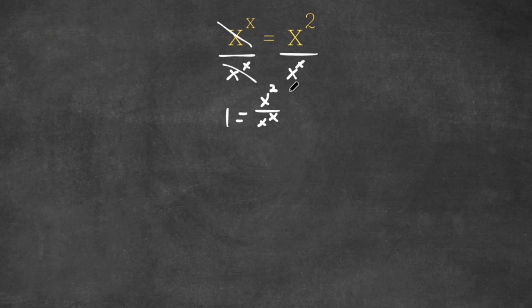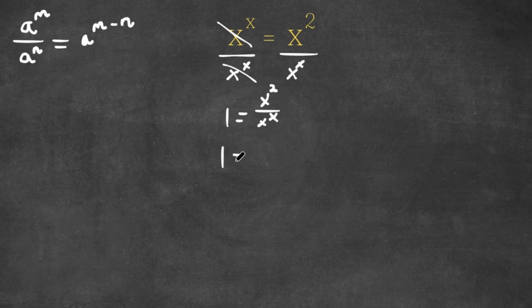Now, if we have something in the form a to the power of m divided by a to the power of n, then this is equal to a to the power of m minus n. And we are going to use this property for x to the power of 2 divided by x to the power of x.